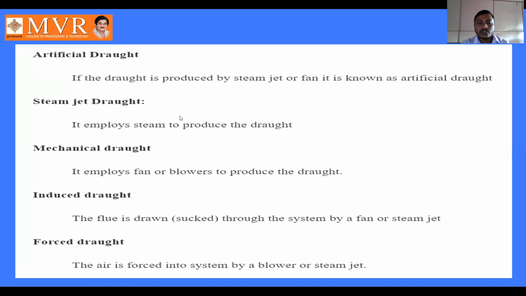Forced draft means the air is forced into the system by a blower or steam jet. Means here by using a blower or steam jet we are forcing the air into the boiler, which is nothing but forced draft. These are some of the artificial drafts in the classification of drafts.